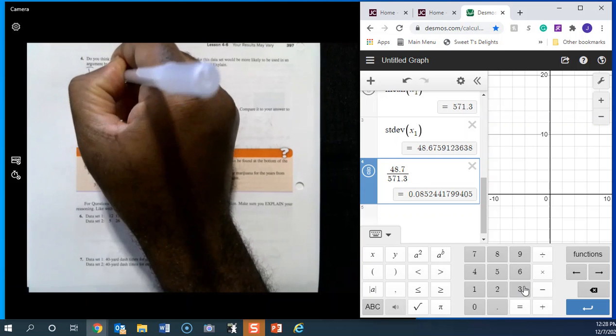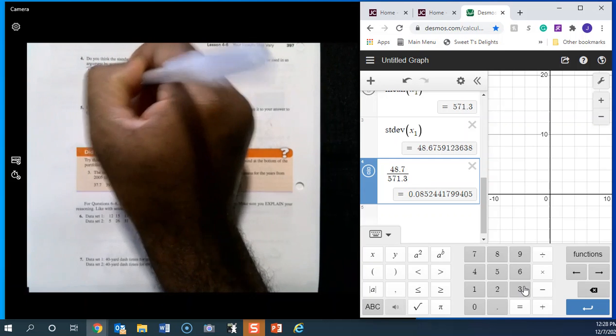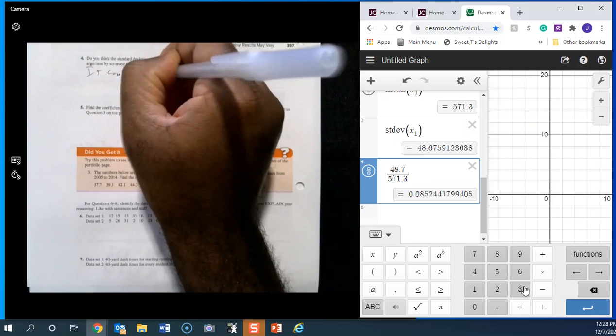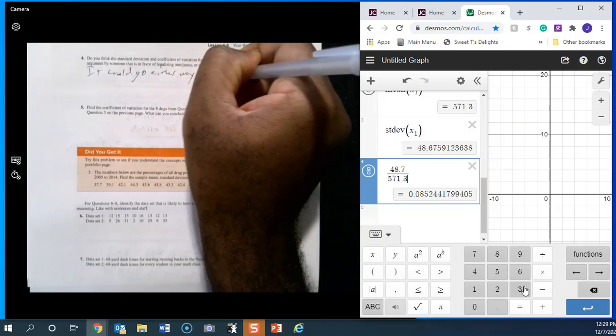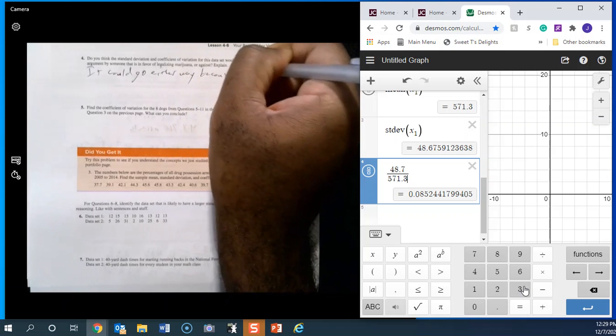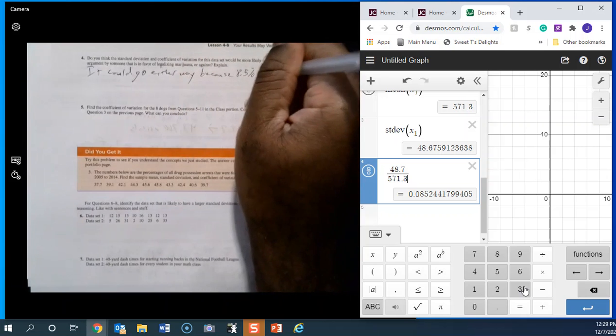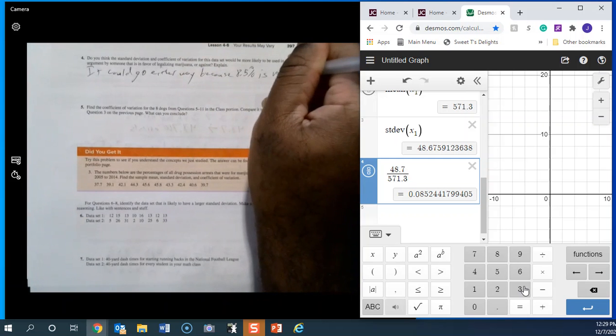It could go either way, because 8.5% is very low.